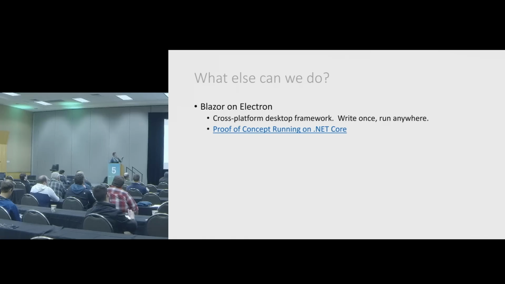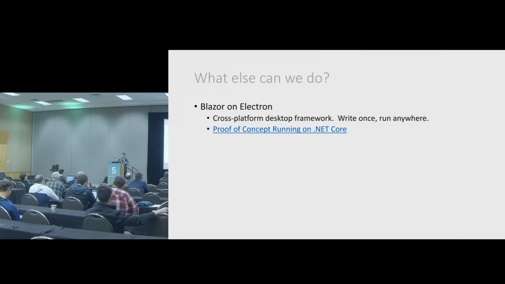So Electron is a cross-platform desktop framework that lets you use web technologies and have a desktop application run on Windows, Mac, and Linux. It's what VS Code is built on top of, the Atom editor, the Slack app as well. And so this gives you the theory of write once, run anywhere, which is usually a lie, but that's OK. I'll continue to perpetuate that, I guess.